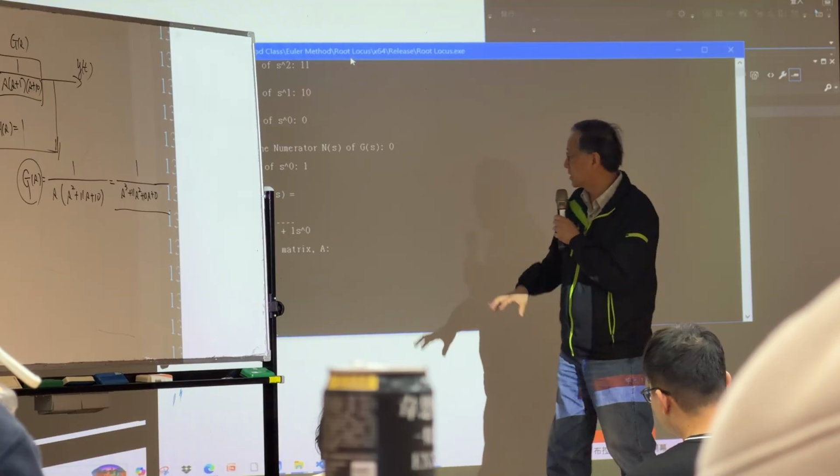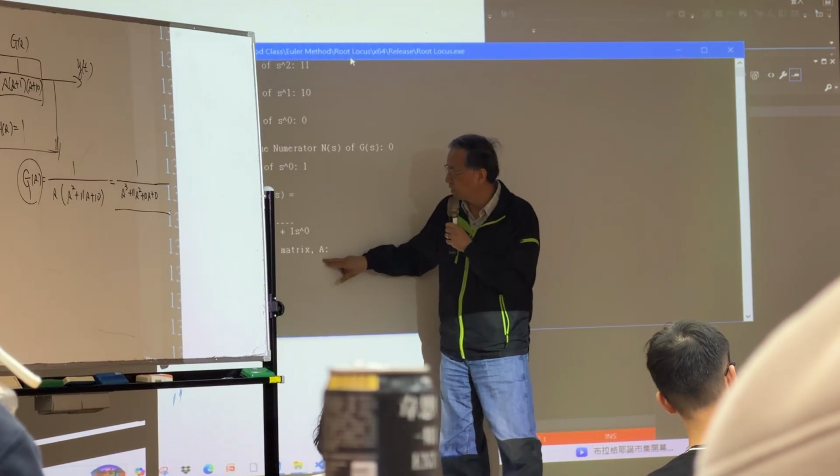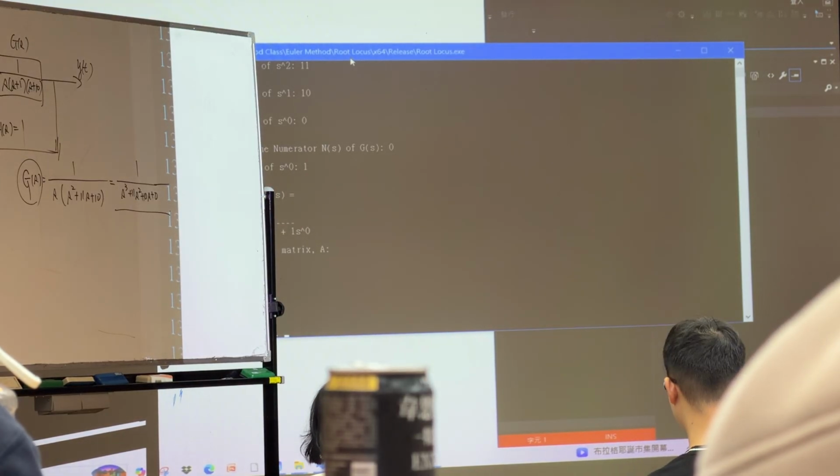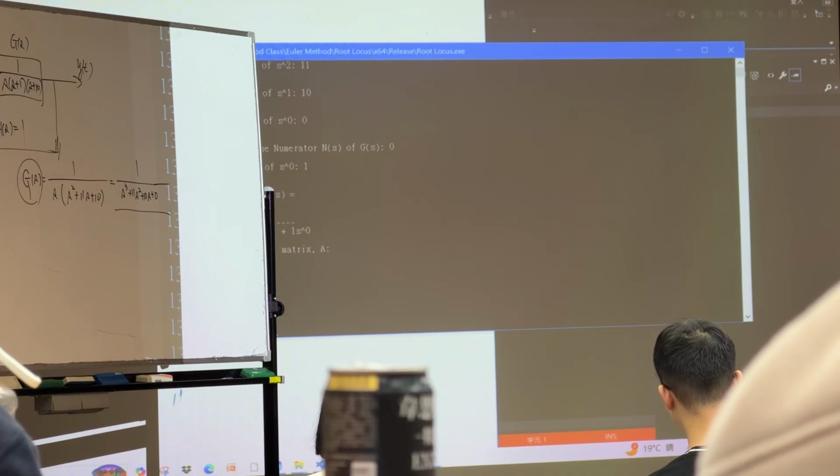So this is the transfer function, and we take the transfer function and convert it to the state space representation, remember? This is the matrix A of the state space representation, and this is B, and this is C. So we take the transfer function and convert it into A, B, C. We don't need D, D is 0.